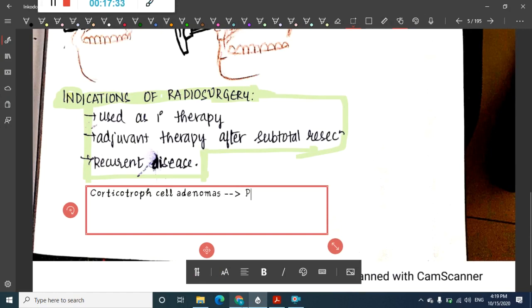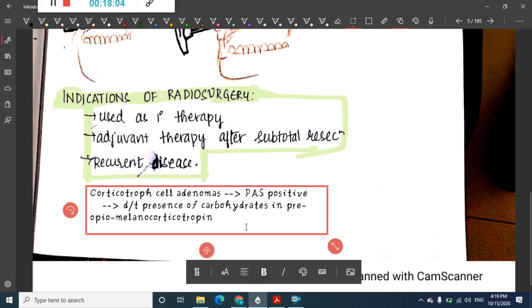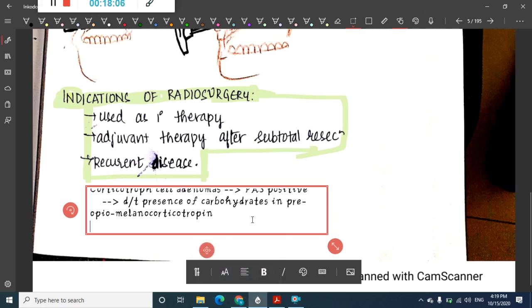These corticotroph cell adenomas are PAS positive. Why are they PAS positive? This is due to the presence of carbohydrates in pre-opiomelanocortin. Because of the presence of carbohydrates in pre-opiomelanocortin, they are PAS positive, periodic acid-Schiff positive.